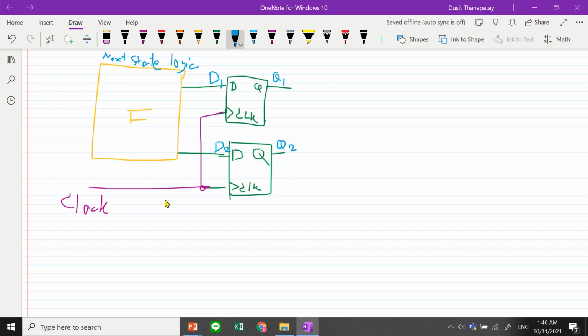Okay, now how about the input of F? Input of F may come from external input, for example input X or Y and so on, right? Okay, one of them is external input.